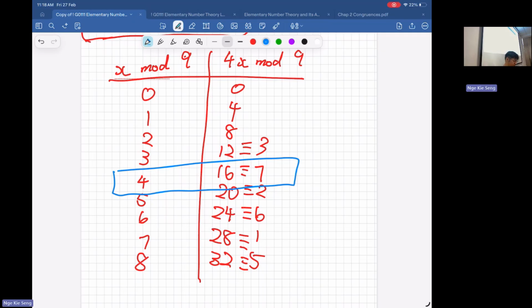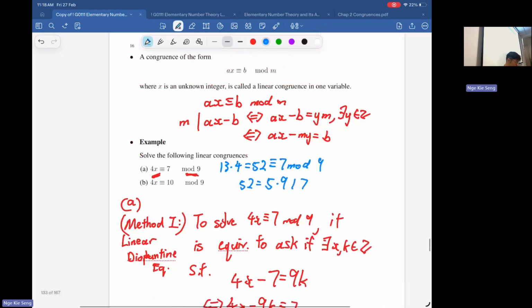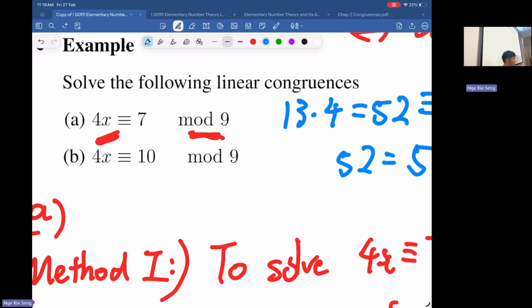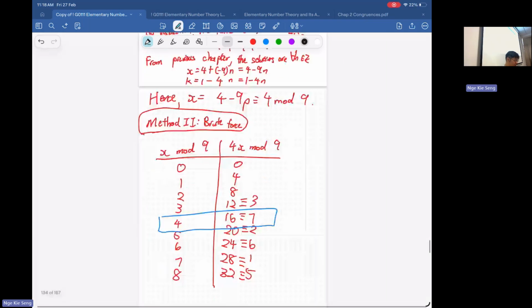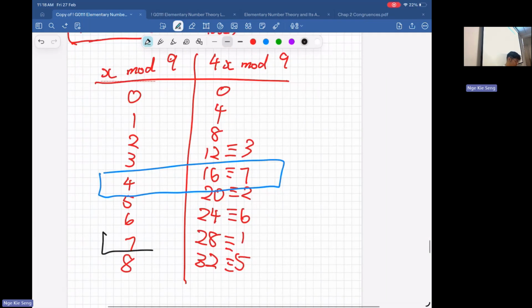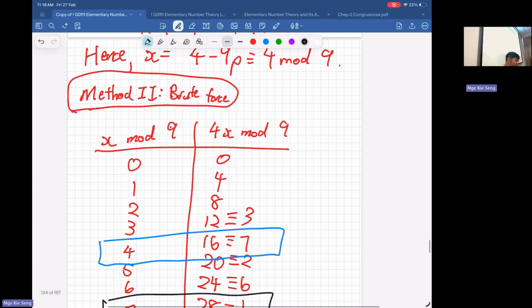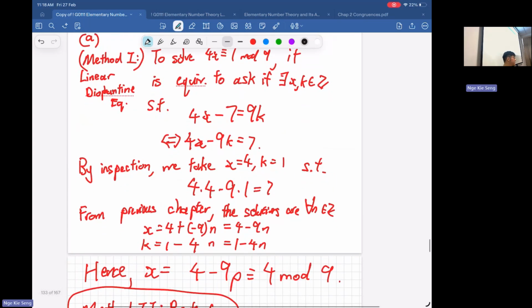Okay. Since I presented this to you already, I think the second question will become easier. For x mod 10, mod 9, this is equivalent to what? For x mod 1, mod 9. So you just go to this table and find where you get the 1, where you get 7 mod 9. And you can also use method 1 to practice to see what's really happening.